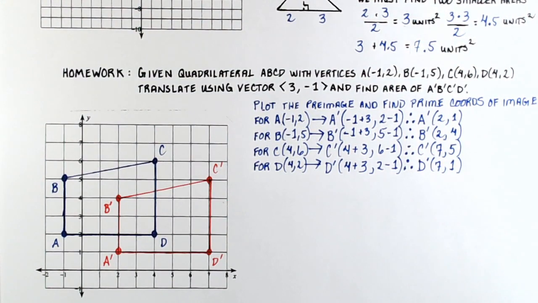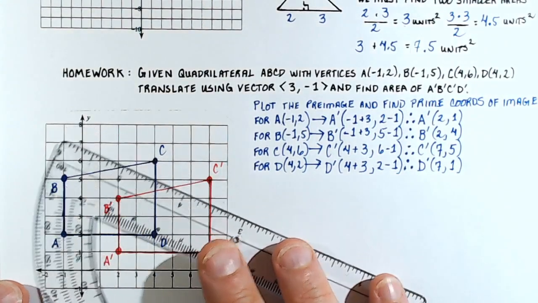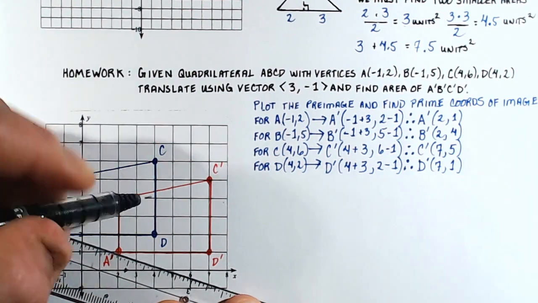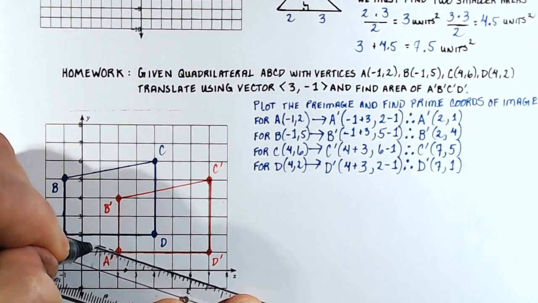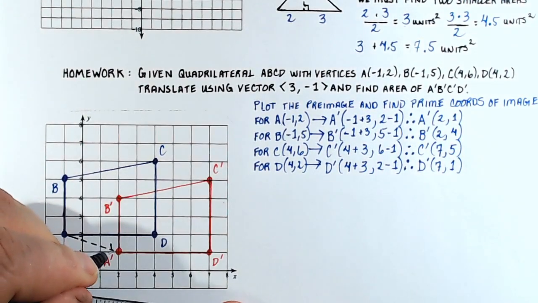Both plotted on the coordinate plane and labeled. We just need to draw in our vector paths, and all that means is we're going to connect dots. So I'll connect A to A prime using a dashed line, dotted or dashed, doesn't matter. Okay, the direction of that vector was this way.